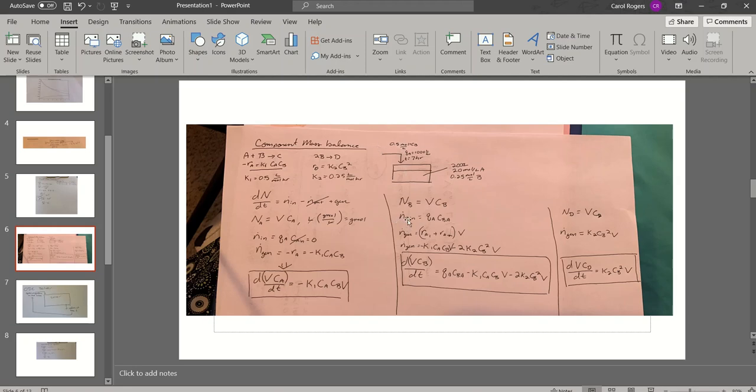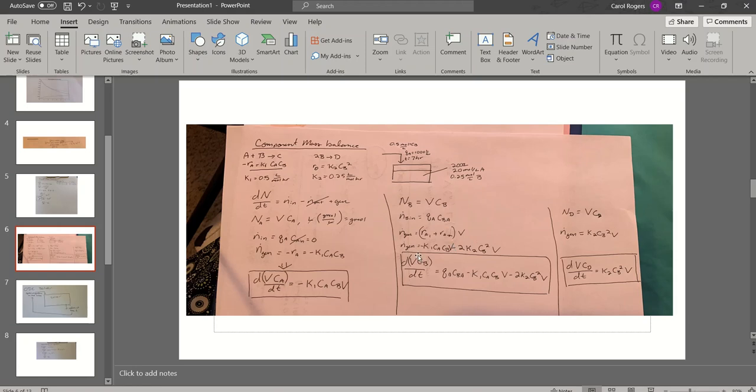N dot B in is equal to the flow rate times the concentration of B added. The generated term now is equal to the amount of B converted through both of the reactions. So we've got reaction 1, K1 CA CB, plus reaction 2, which is K2 CB squared, times the volume.